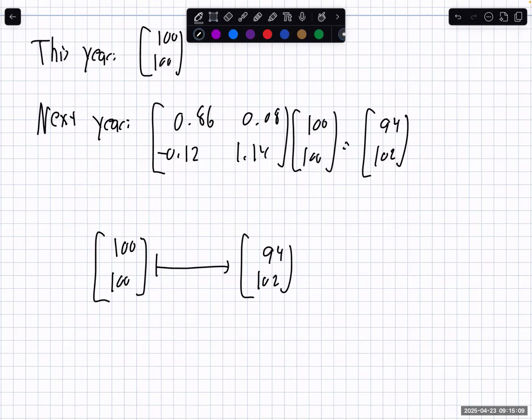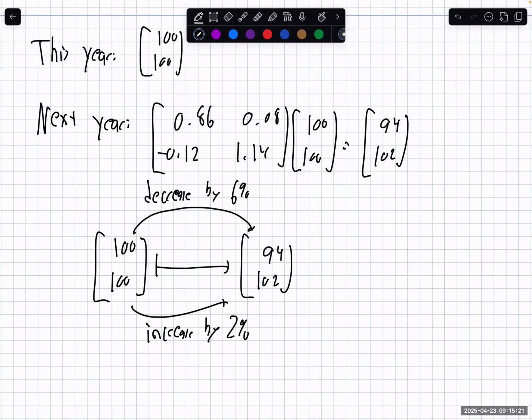Okay, so here the populations had different relative changes. The first special, the 1-to-3 ratio, both increased by 10%, the 2-to-1 ratio, both decreased by 10%. But here, the relative changes are different.